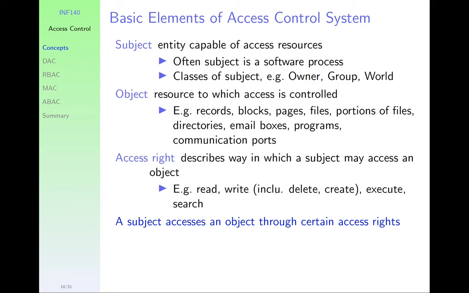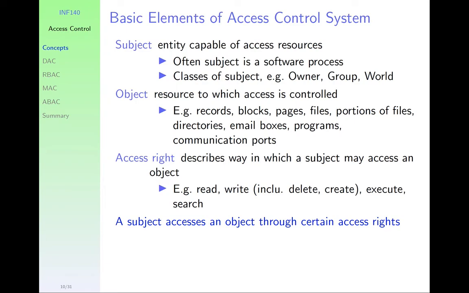And also, if the object is software, if it's an executable, then whether this object can be executed by a certain subject. So in different systems, in different contexts, we may have different access rights bound to objects.